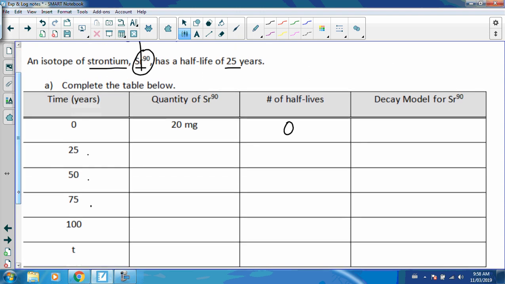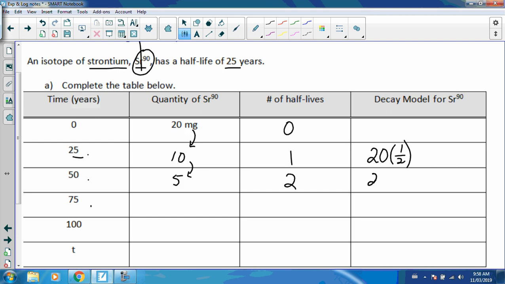And then after 25 years, that's 1 half-life, I have half this amount, 10. So it's like I took that 20 milligrams and times it by a half. Down here, if I divide this by 2, I should have 5 milligrams, and that's 2 halving periods.